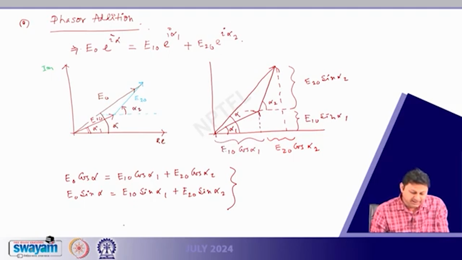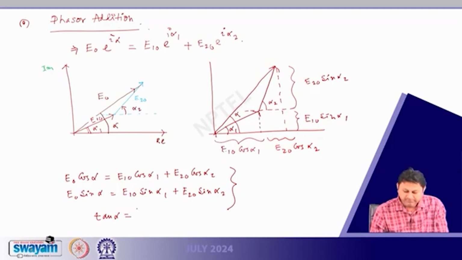Also, for this angle, the tan value of this angle is this divided by this. So tan of alpha is y divided by x, and this y is the summation of these things.